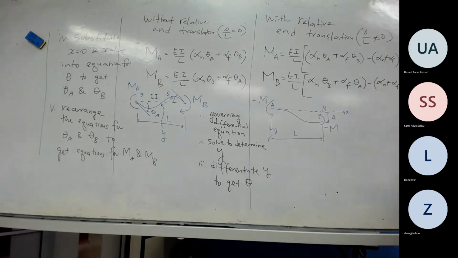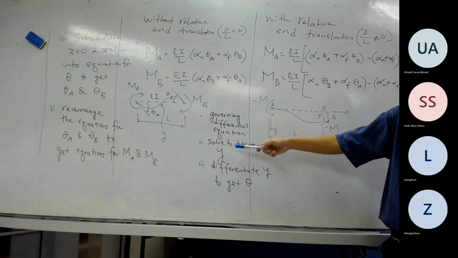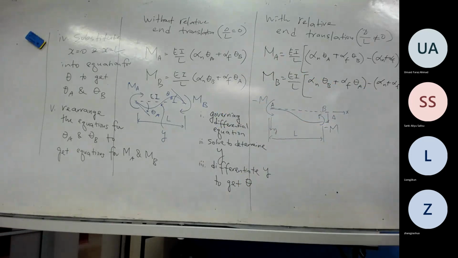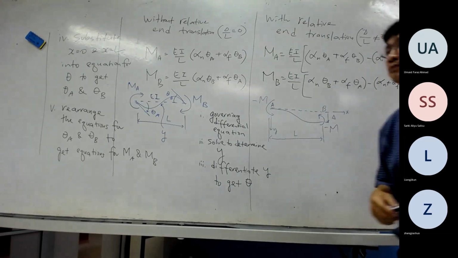So the procedure will be the same. Go through this, get this, and then go through this process until finally we get the equation for the end moment caused by relative end translations.